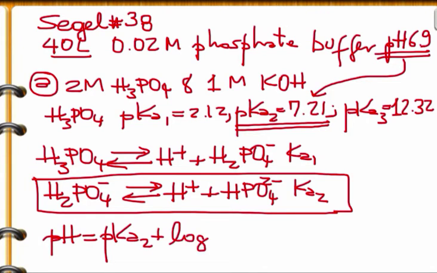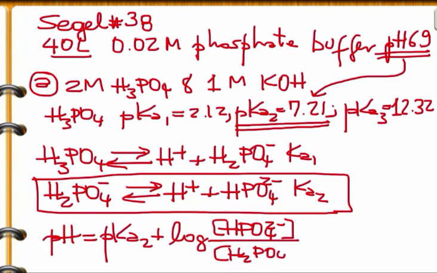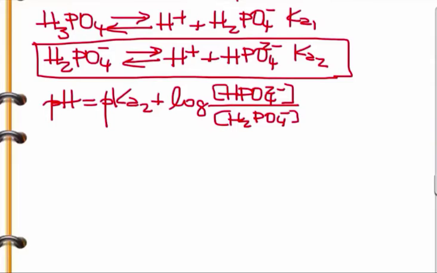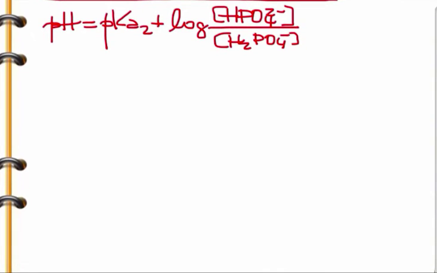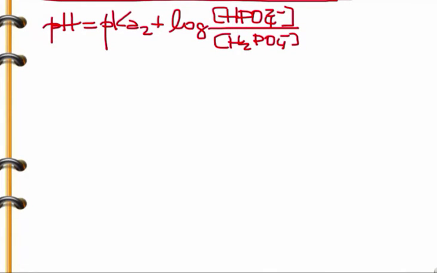So the pH for this buffer is going to be the pKa, Henderson-Hasselbalch equation, plus the log of the concentration of HPO4 2 minus over the concentration of H2PO4 minus. We know that's the conjugate base over the acid. However, in a polyprotic acid, it's always convenient to write the equation so that you know exactly which species you are talking about.